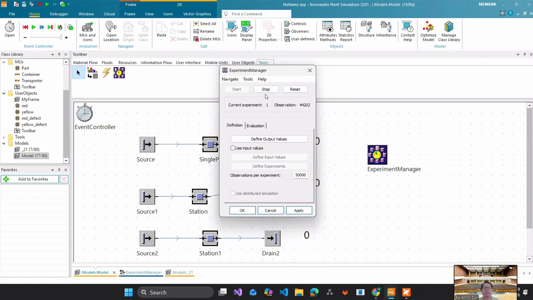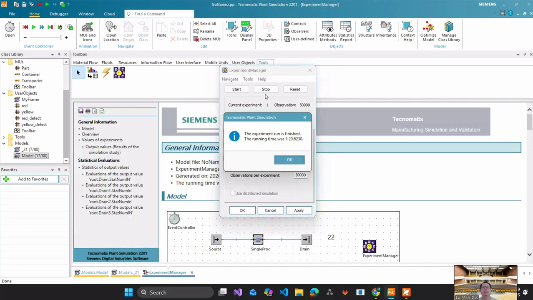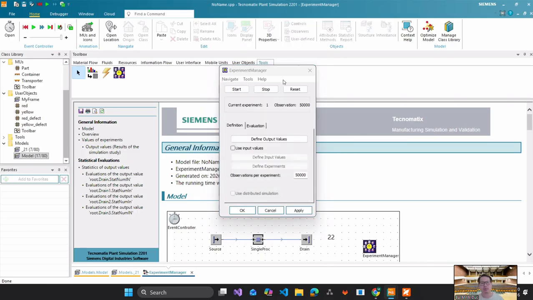I set here the number of observations per experiment to 50,000. It means that I will run the same experiment 50,000 times. And it takes 1 minute and 20 seconds to do it.